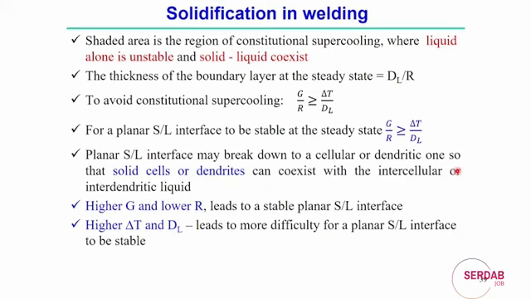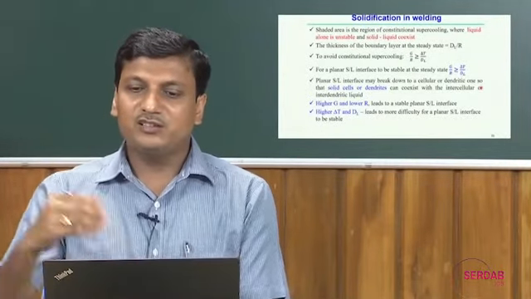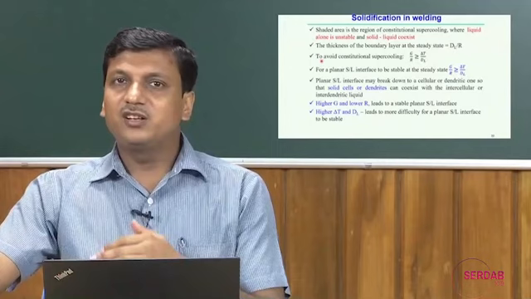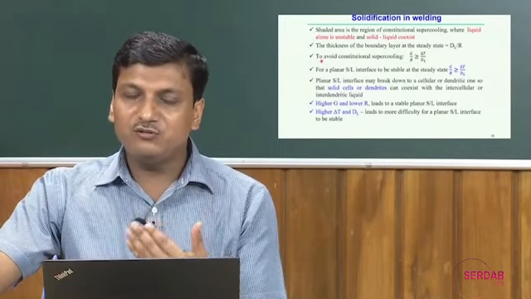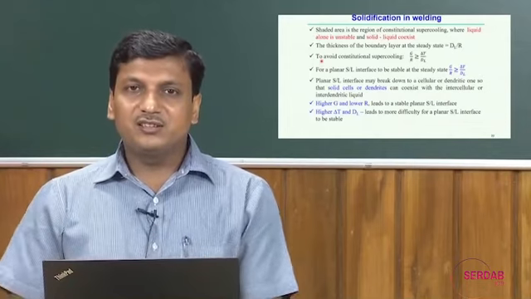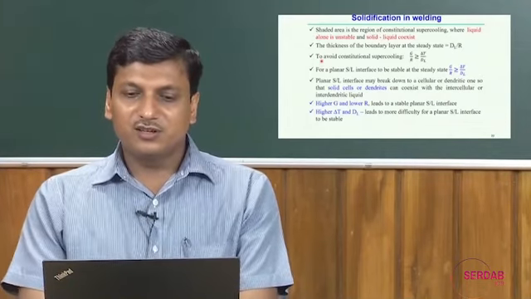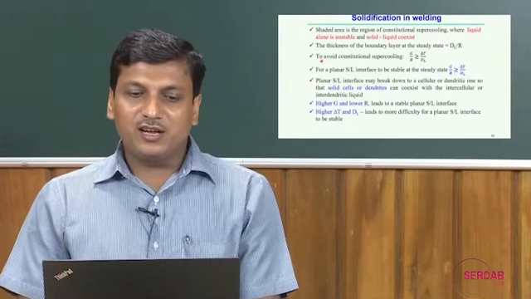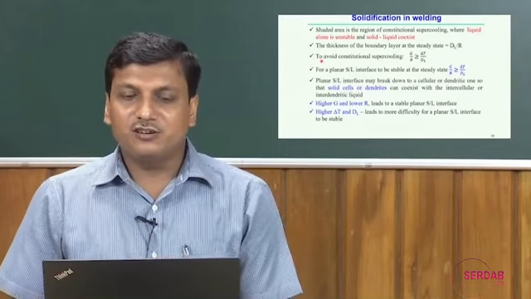Based on the type of nucleation, whether homogeneous or heterogeneous, that is better explained by these mathematical conditions. Now, constitutional supercooling can also be used to explain whether the planar solid liquid interface remains stable or breaks down.